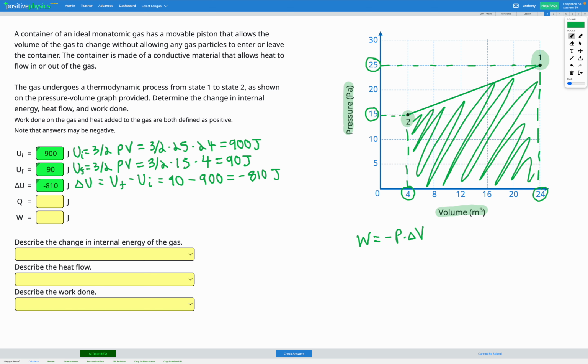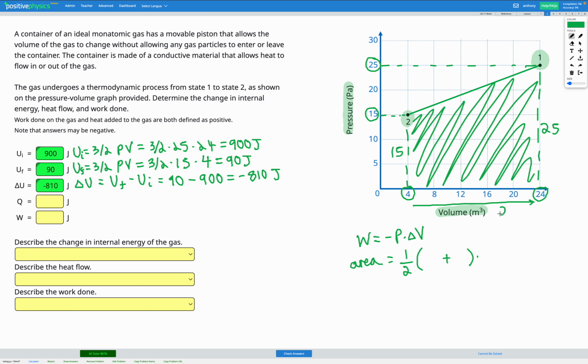So that area is the area of a trapezoid, which is calculated by half the sum of the parallel sides multiplied by the distance between them. So in this example, one of our parallel sides has a height of 15, the other parallel side has a height of 25, and the distance between them is from 4 to 24.